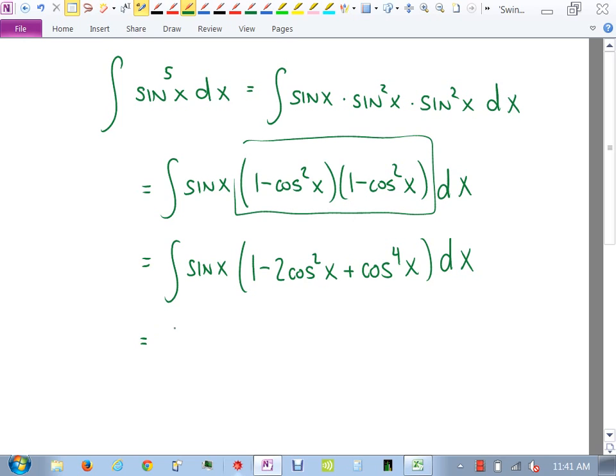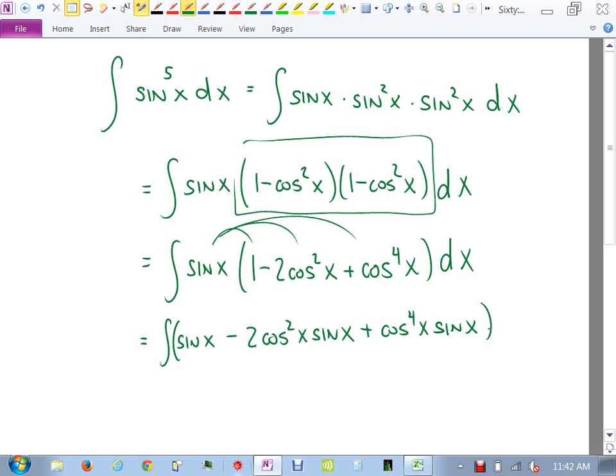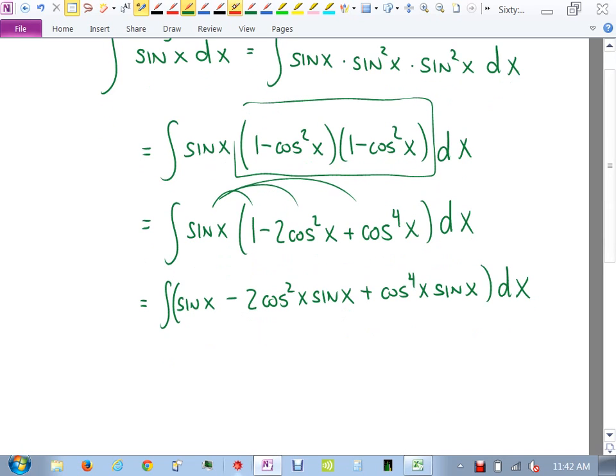But you probably need to multiply the sine through like this. So sine x minus 2 cosine squared x sine x plus cosine to the 4th x sine x dx. And now you have three integrals. 1, 2, 3, right there.